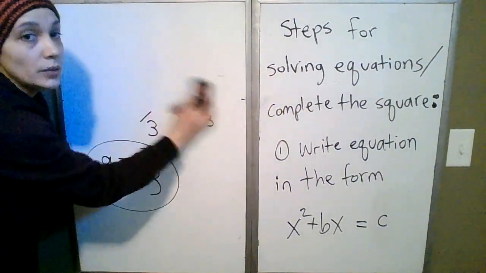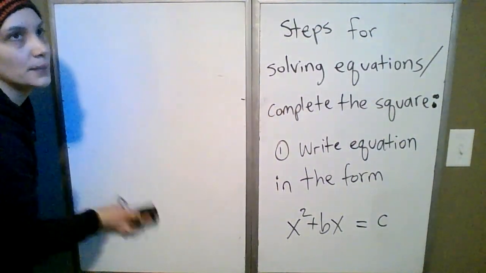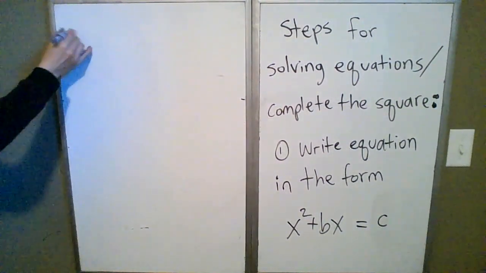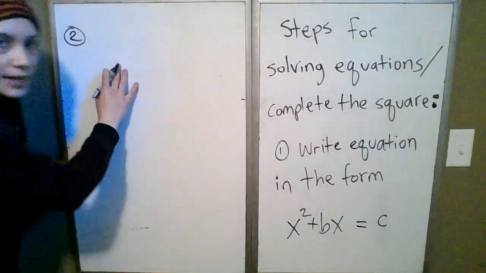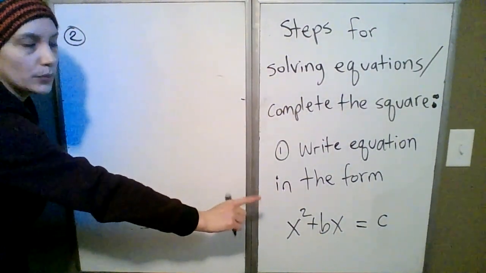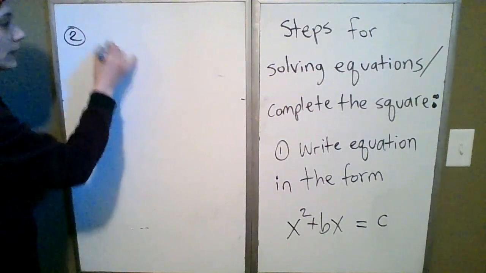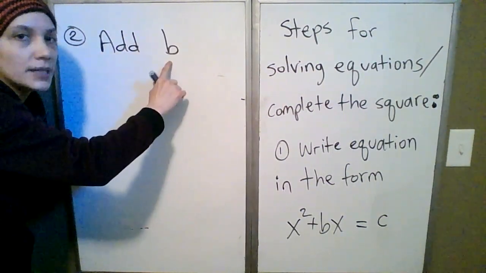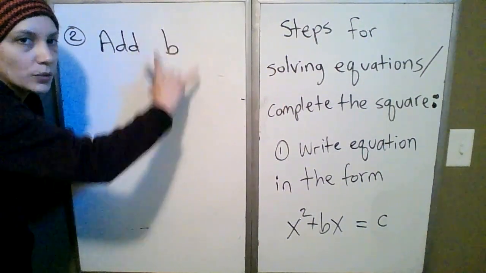So this little piece you do need to memorize. It's not that bad. It's step 2. You add whatever variable is with x, which in this case is b. You add b, but it also needs to be divided by 2 and the whole thing squared.